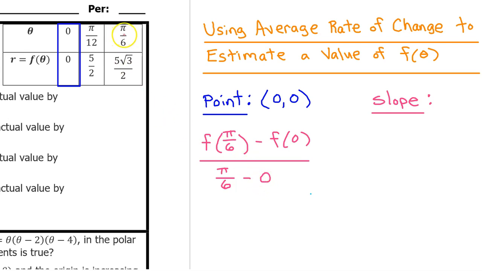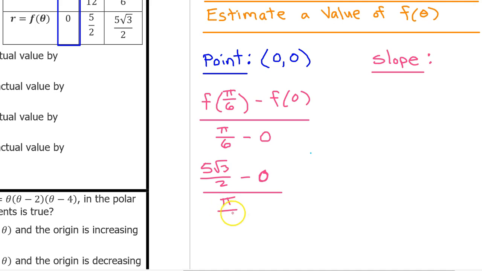F at pi over 6 is 5 radical 3 over 2. So we have 5 radical 3 over 2 minus, and then f at 0 is 0. And then that's divided by pi over 6 minus 0. We can go ahead and erase these minus zeros, which are not really doing anything.